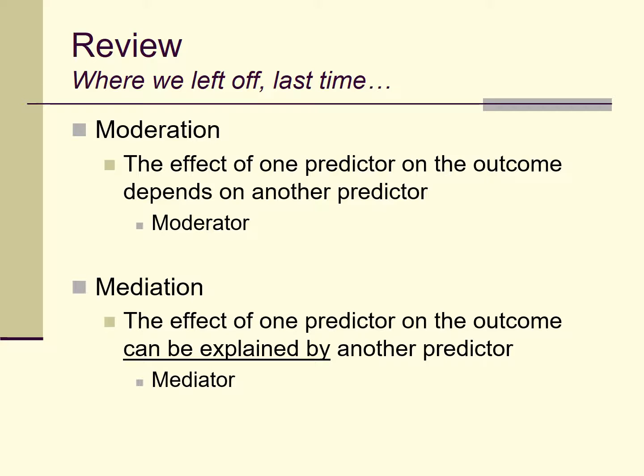In the case of mediation, we're making a more subtle claim, or testing a perhaps more interesting effect, whereby the effect of a predictor variable on an outcome variable occurs through or via a pathway within another predictor variable, which we're calling a mediator.